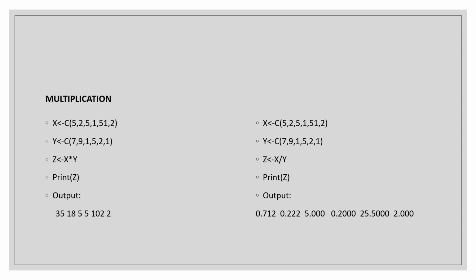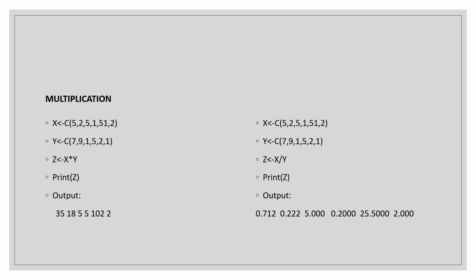So let us see how division is performed on the two vectors. As I said, the only difference in arithmetic operations is the symbol between the two vectors. Here z equals x divided by y. That means the elements of x are divided by the elements of y in a respective way. As you can clearly see, 5 is the first element of x and 7 is the first element of y.